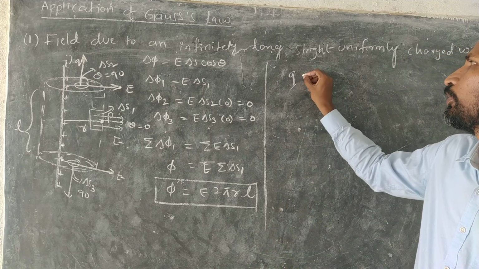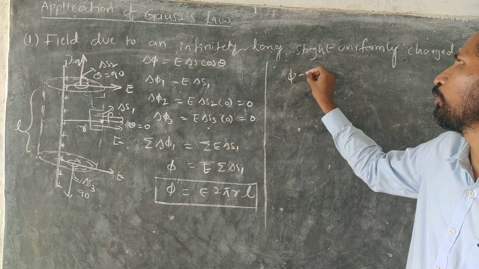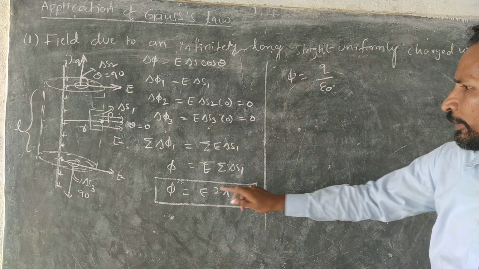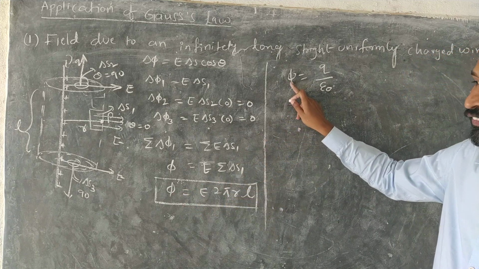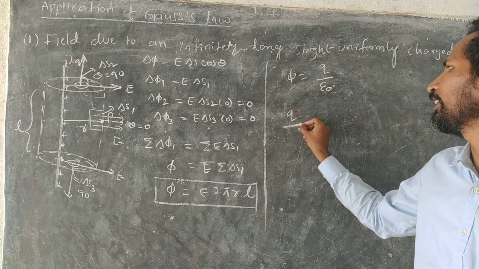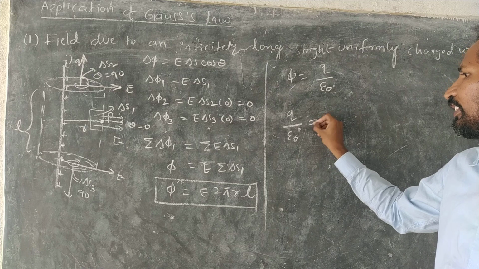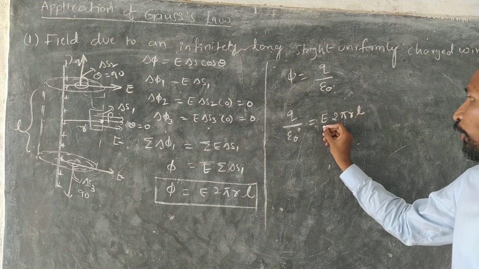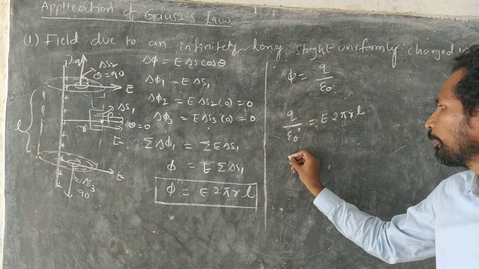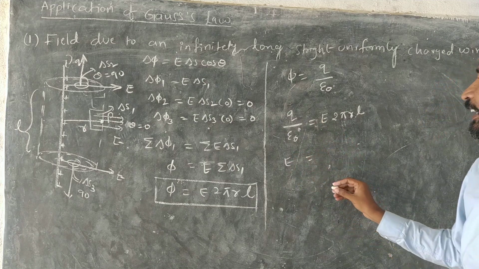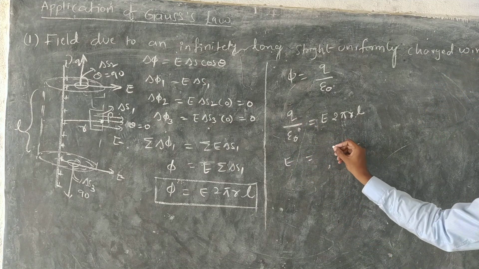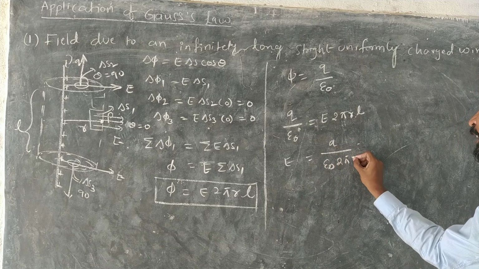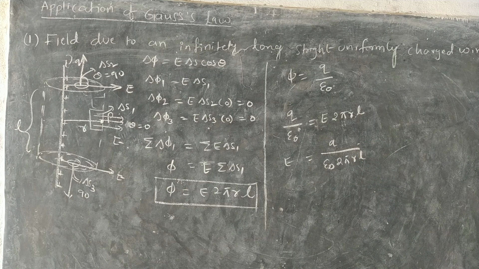So flux phi is equal to Q by epsilon naught. Here we have a phi, here we have a phi. Substitute: Q by epsilon naught is equal to E 2 pi r l. Now we are calculating E, so make E the subject. What do you get? E is equal to Q by epsilon naught 2 pi r l.